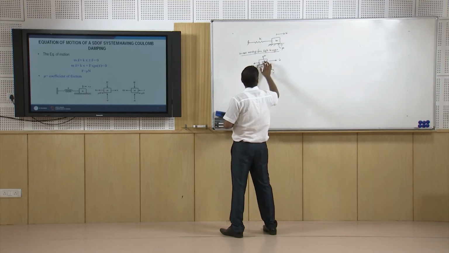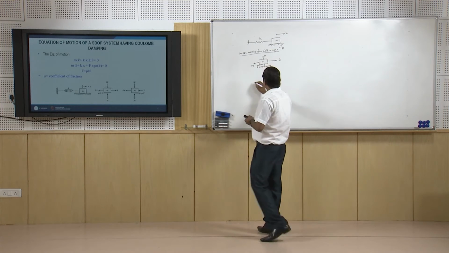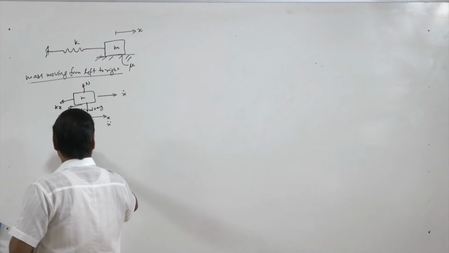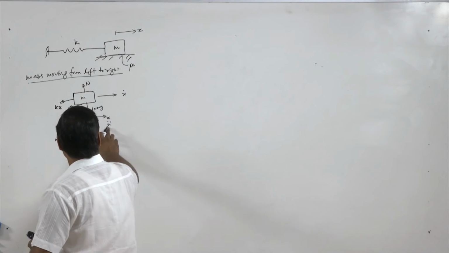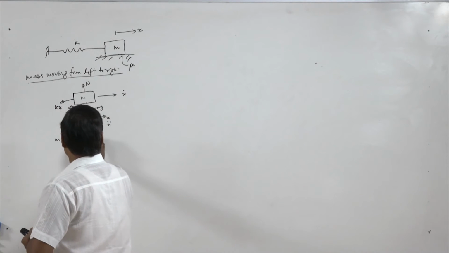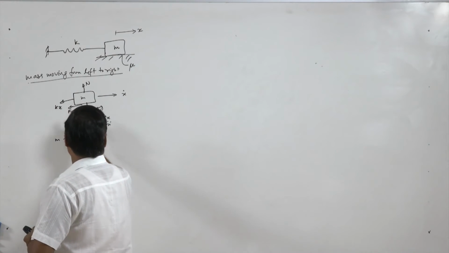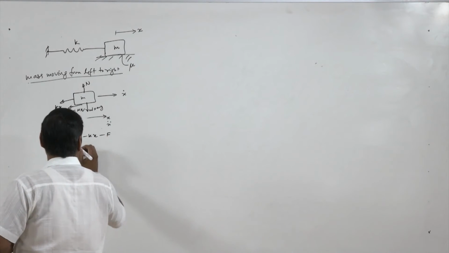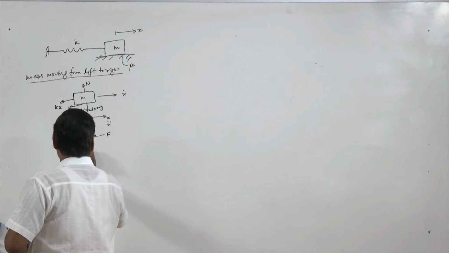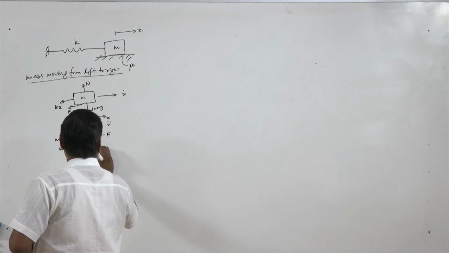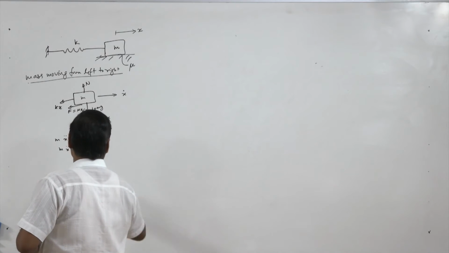So we can write the equation of motion. This is a free body diagram. Now we write m x double dot equal to the forces. The x double dot direction is this, and the forces are minus kx and minus F. So we have m x double dot plus kx plus F equal to 0.